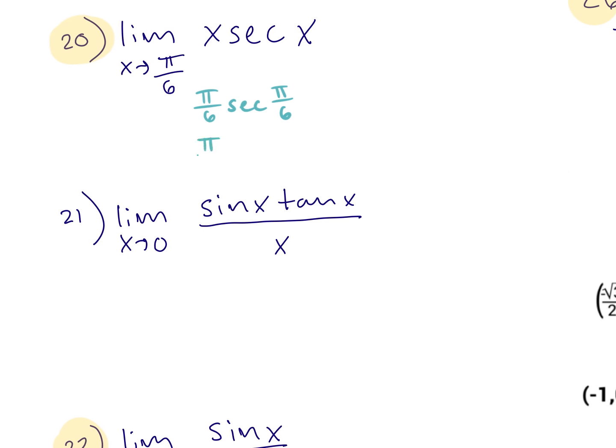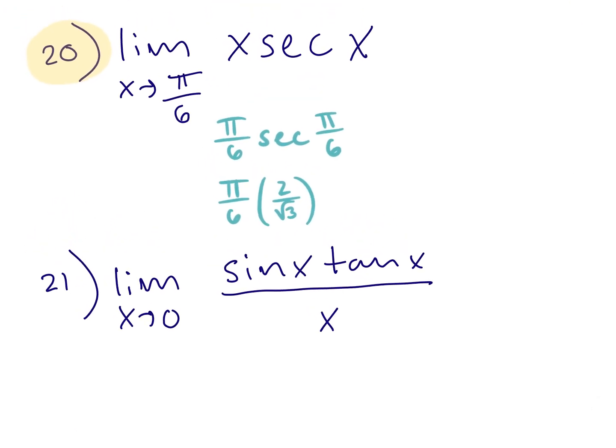So we've got pi over 6 times 2 over square root 3. When we multiply here, 2 goes into 6 3 times. So we get pi over 3 square root 3. And you need to rationalize. Can't leave this as your answer.